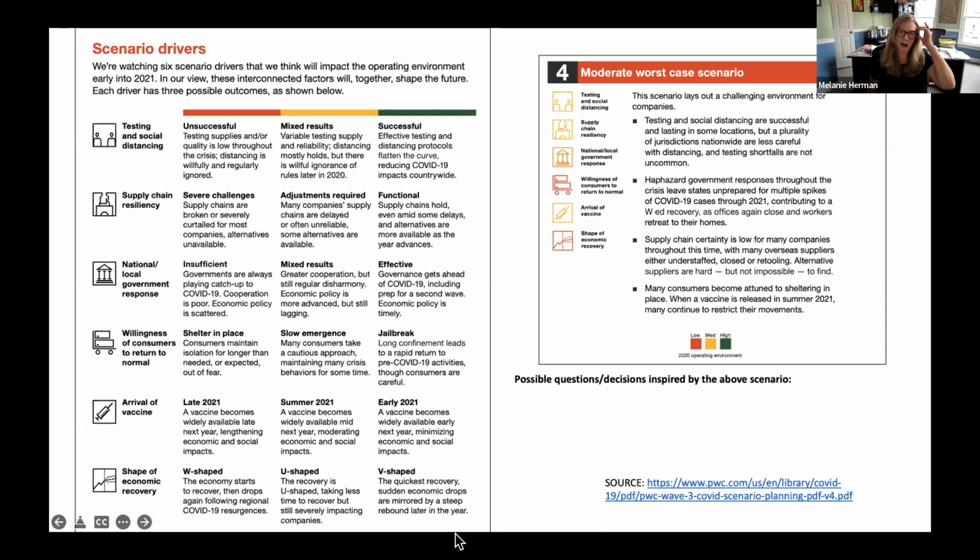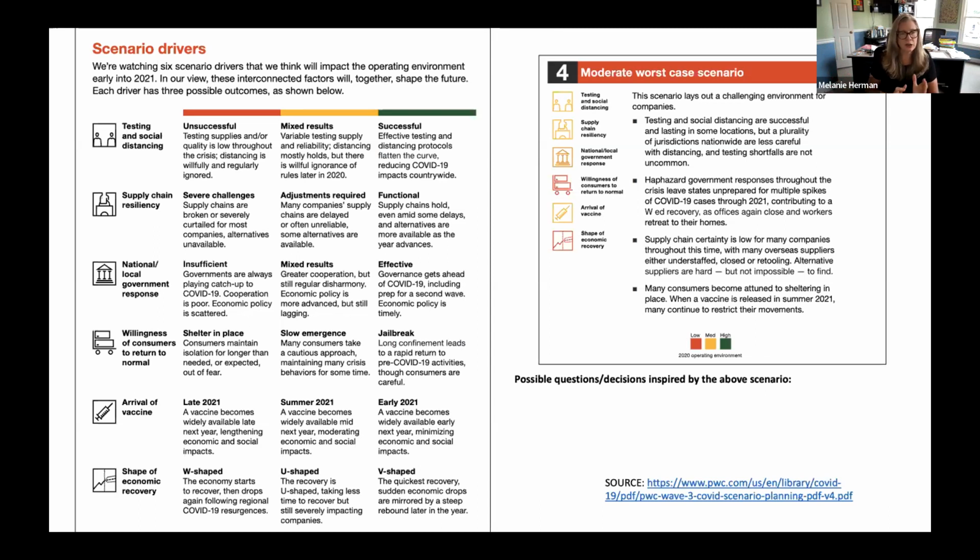For COVID-19, they identified testing and social distancing, supply chain resiliency, government response, willingness of consumers to return to normal, arrival of a vaccine, and the shape of economic recovery. So they were thinking far and wide about potential drivers that might impact the operating environment of businesses in general in 2021.